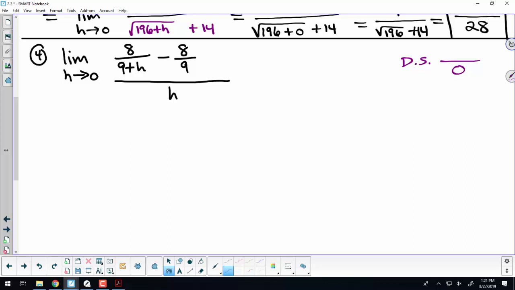Okay. So the process of simplifying fractions within fractions, what do we do with those? We have to find the least common denominator and combine those fractions. In essence, we combine the top, and it's something over something else, and then we have that over h. Then we can simplify that into a single fraction, and we don't have fractions within fractions anymore.